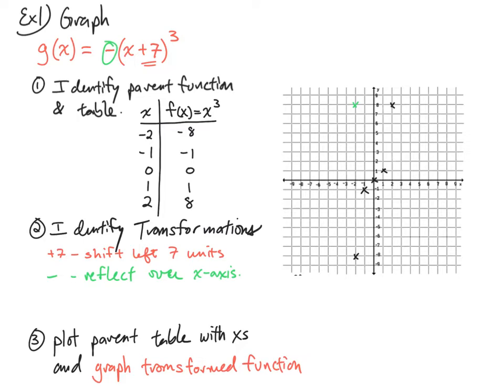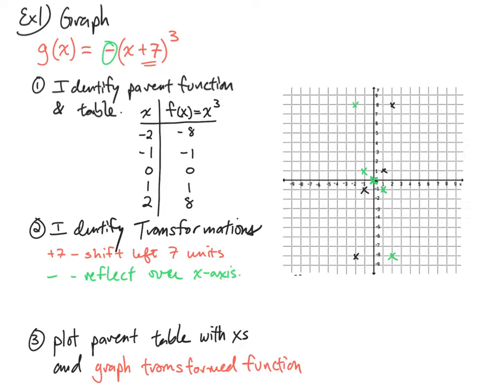This point is 1 unit below the x-axis. So if we were going to reflect it over the x-axis, it would be 1 unit above the x-axis. Points on the x-axis don't change, and points that are above the x-axis would move below the x-axis. So the green x's are the transformation after the reflection.